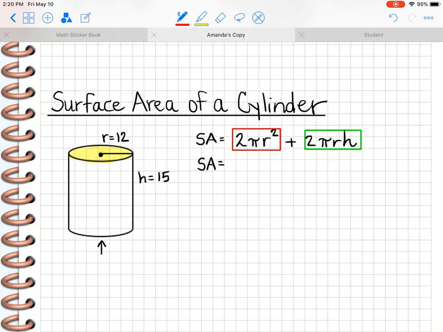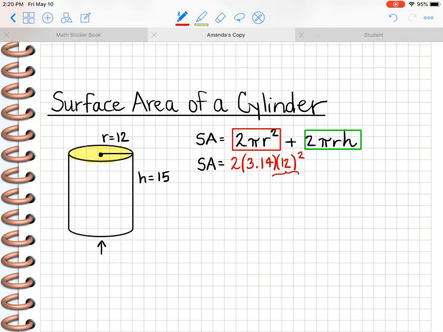So this one I need to say 2. You know what pi is. And you know what radius is, because I told you over there in the picture, radius is 12, and that's to the second power. So let's go ahead and deal with this part while we're looking at it.